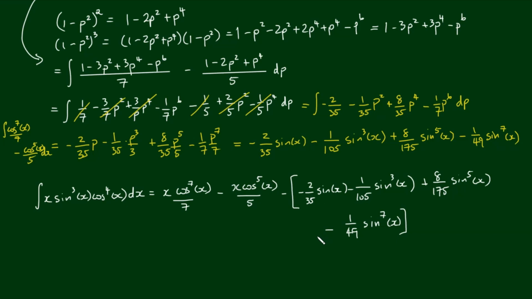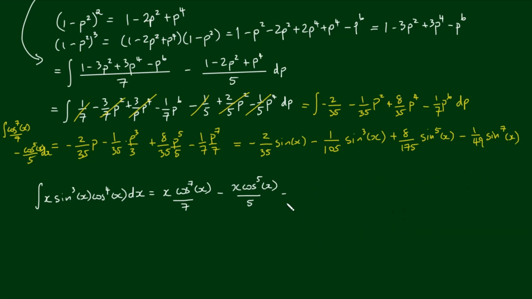And expanding this negative in, we get positive 2/35 by sine of x plus 1 on 105 by sine cubed of x minus 8 on 175 by sine to the 5th power of x and plus 1 on 49 by sine to the 7th power of x.